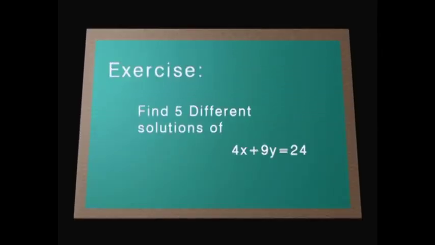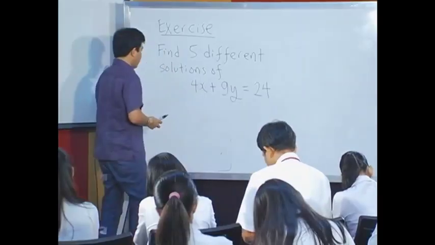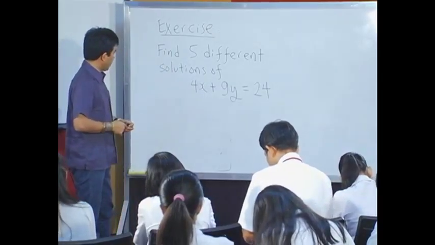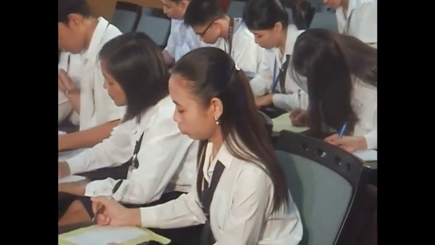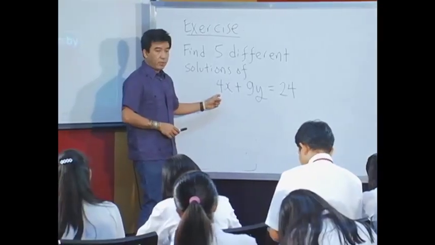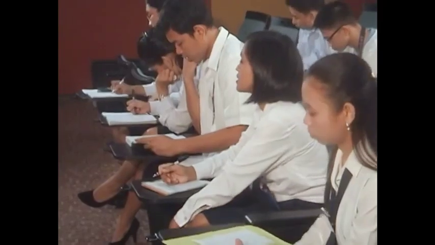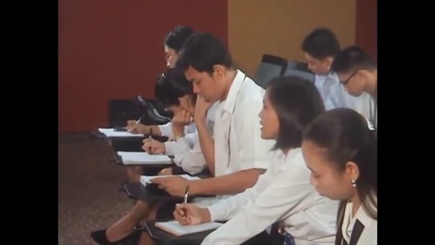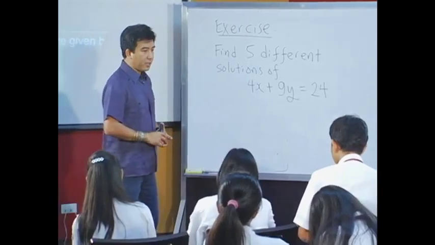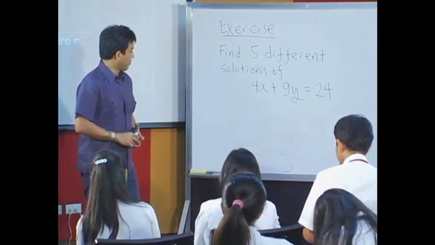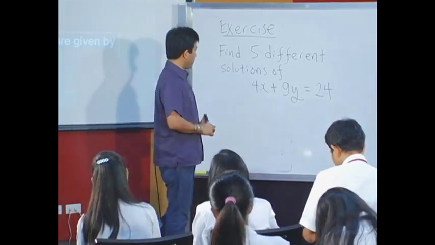Let's say 4x plus 9y is equal to 24. Is this solvable? The GCD of 4 and 9 is 1. And 1 is a divisor of 24. Solvable.